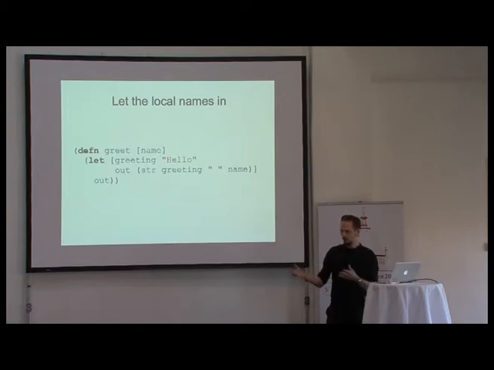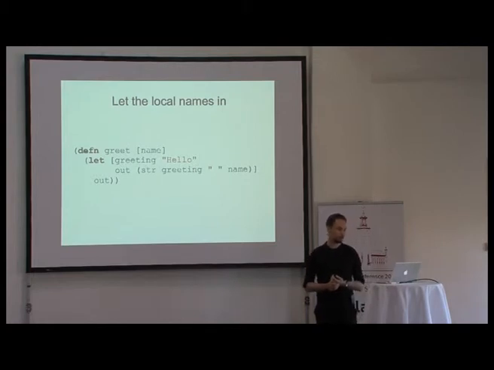Of course, you want to use local names when you build bigger functions, and for that you have the let special form, which to a certain extent looks like the hash maps in that it groups pairs of things. So you have the symbol greeting bound to the value hello, and then you have out bound to the expression of the string concatenating greeting, the string and the name.